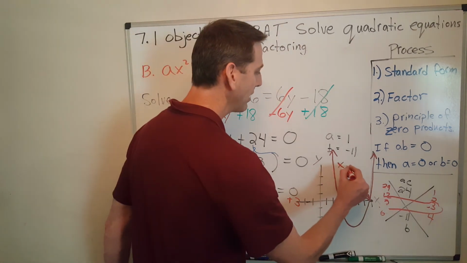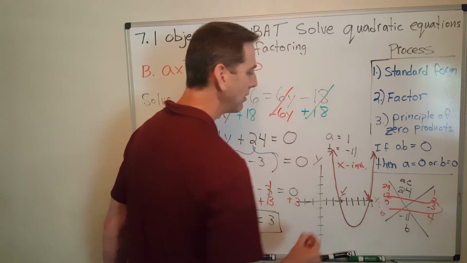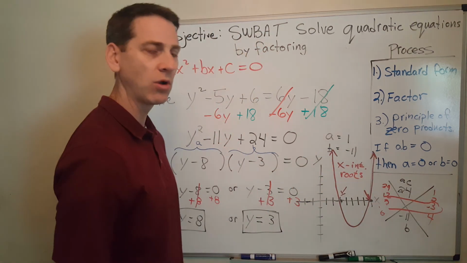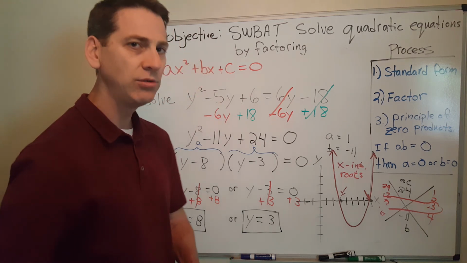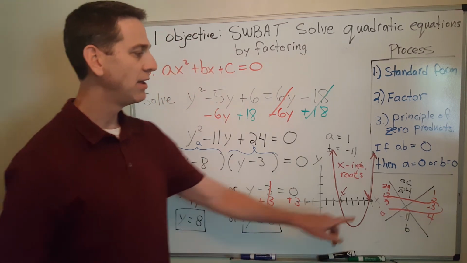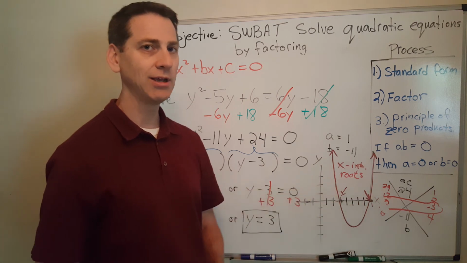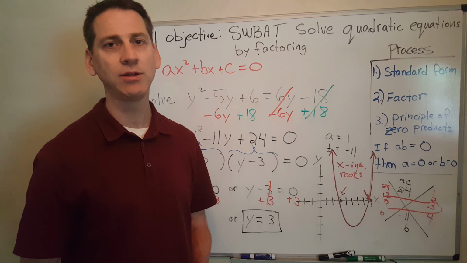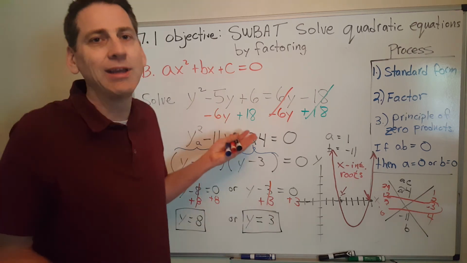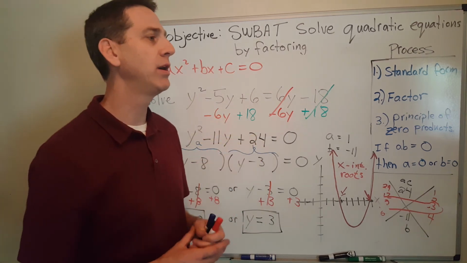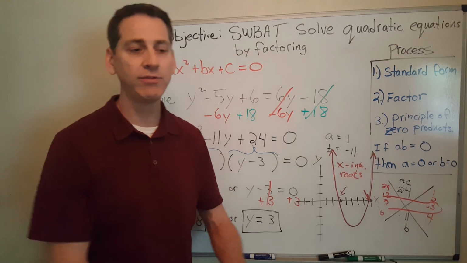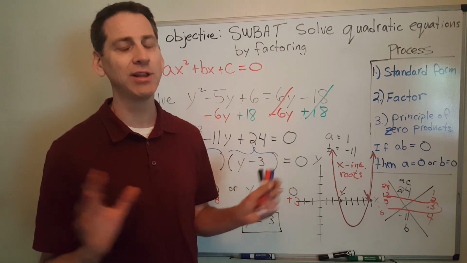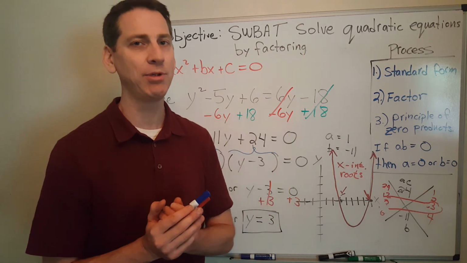Those are called my x-intercepts, or my roots. You'll hear them called both. They are the solutions to my quadratic equations, the x-intercepts. So if you find a problem that says, find the x-intercepts of this quadratic equation, what they're saying is, solve it. If you have a question that says, find the roots of this quadratic equation, they're asking you to solve it. They're just trying to use different lingo to test your math vocabulary.